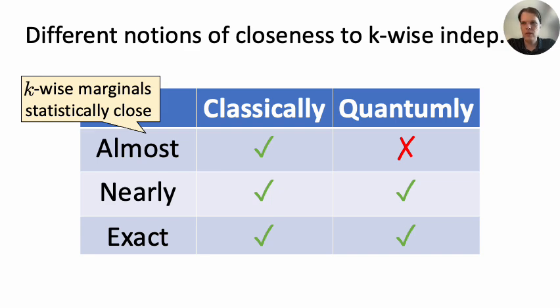However, quantumly, you can actually construct counterexamples to show that almost k-wise independence is not enough. But the good news is that we show that nearly k-wise independence is enough quantumly. So this might position nearly k-wise independence as a useful concept for arguing query complexity results.